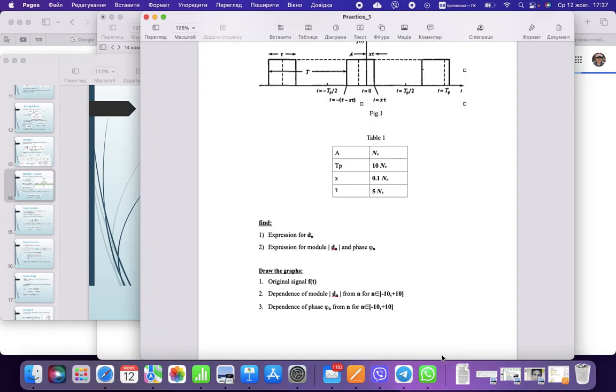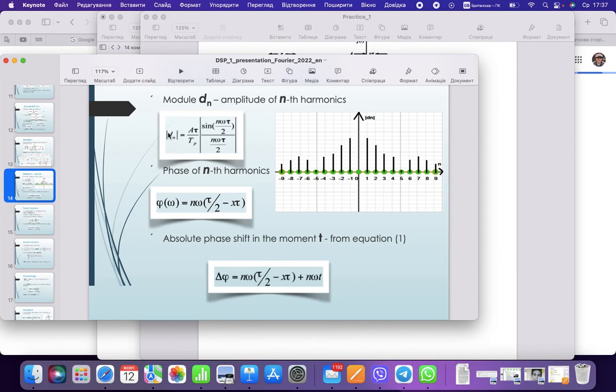So your task is to put in consequently, step by step, all the values n from -10 till +10, all integer values, and find what will be with dn.